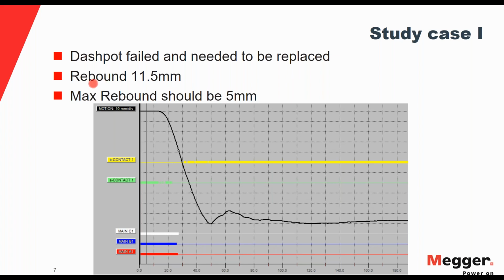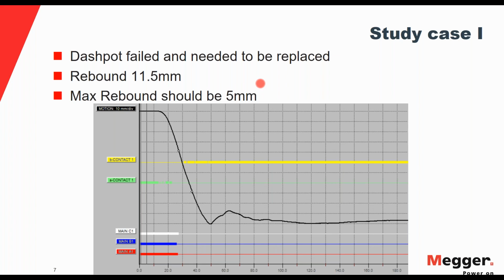It had so much rebound, so much bouncing or jerking movement at the end of the operation. When they did the motion test, they found this at the end after reaching the final opening position. The bouncing was much higher than accepted. It was up to 11 millimeters, while the maximum value defined for this circuit breaker by the manufacturer is 5 millimeters.